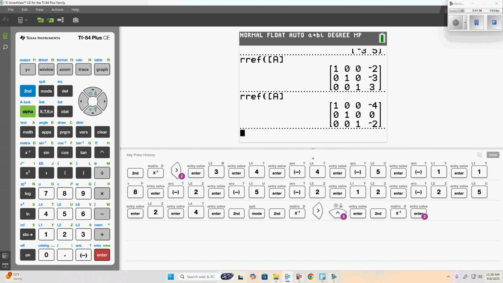So I type second quit and I use second matrix. Over the math, we want to find RREF. Second matrix A. And we get this here. So second quit, then we go second matrix.